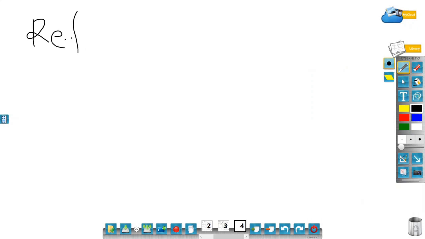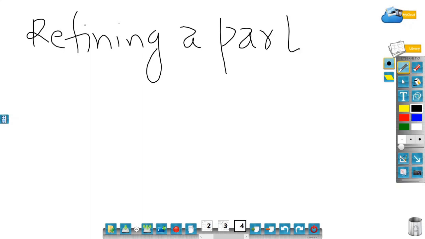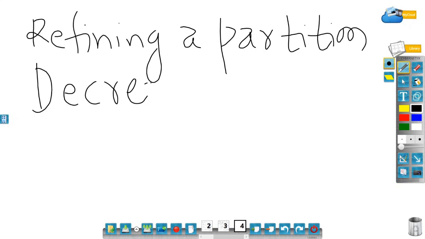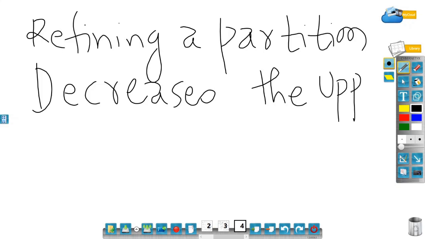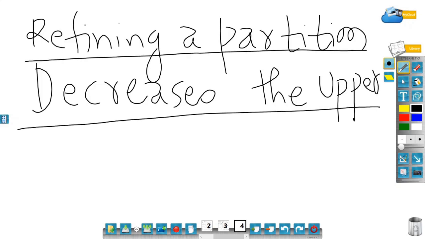So this means that, let me write down in the next slide, refining a partition decreases the upper sum. Geometrically it is very clear, but of course we will prove this mathematically also.